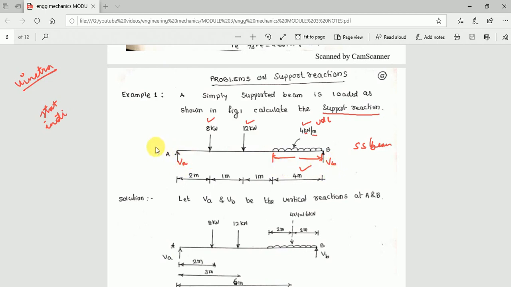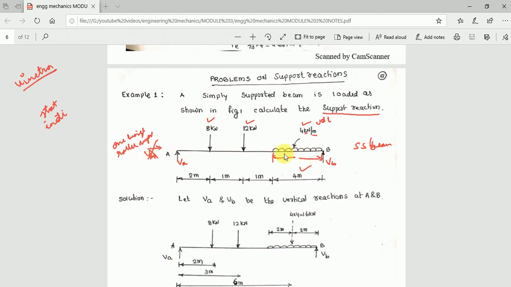See here, as I said while explaining the simply supported beam, one end is hinged and the other end is supported with a roller support. Since no inclined force is acting here, VH will not come into the picture.